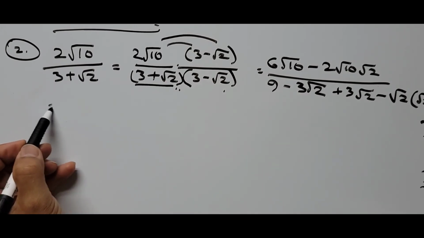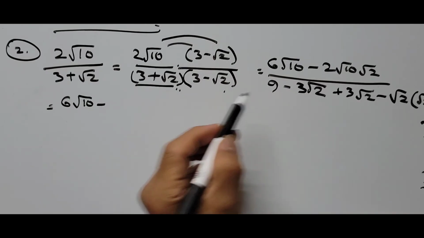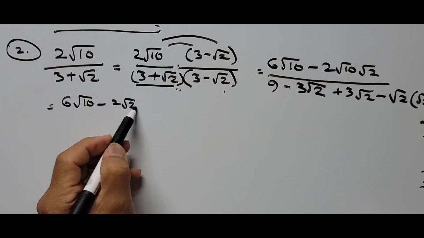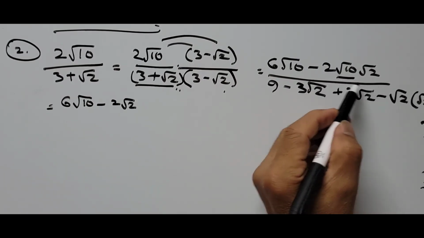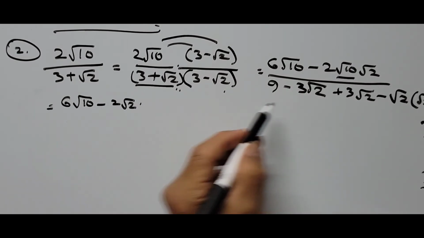So you rewrite over here. So 6 square root of 10 minus 2 square root of 2, and 10 can be broken down and split into its factors.